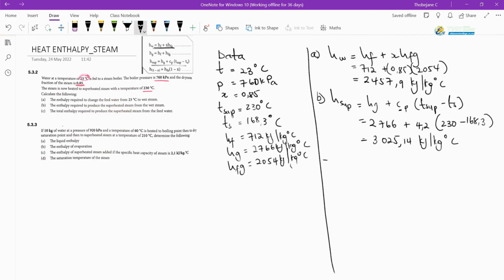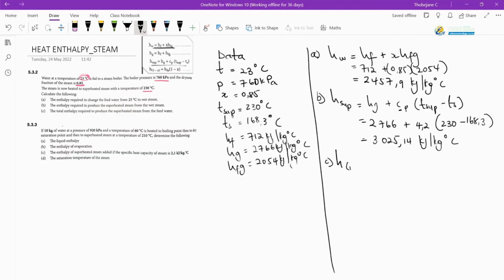Now, looking at the last equation, the total enthalpy required to produce superheated steam from the wet vapor. Which enthalpy is required to produce that superheated steam? It is the enthalpy of drying the wet vapor. We are drying the wet vapor.